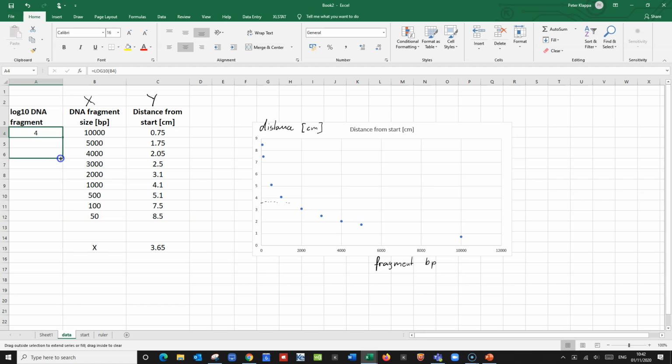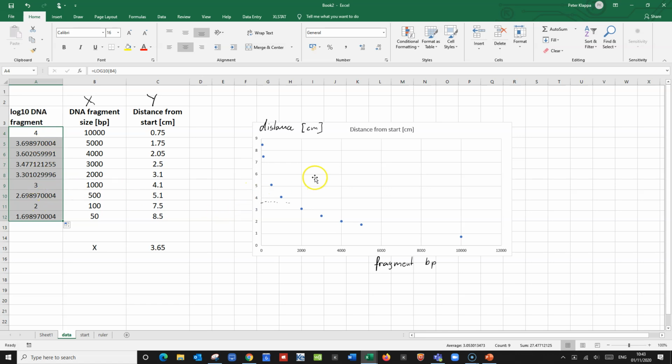I'm too lazy to type that in, so with the mouse I go to the right-hand bottom corner of the cell that I just calculated, and you see the black cross appearing. With the left mouse button clicked, I just drag it down and let go of the mouse, and I get my log 10 DNA fragments.